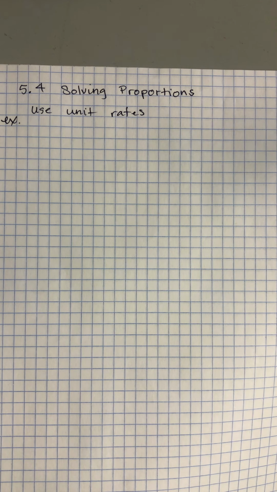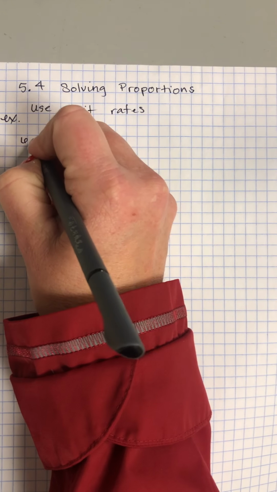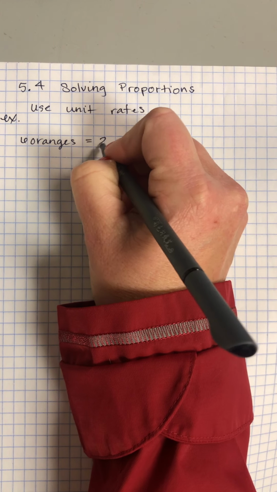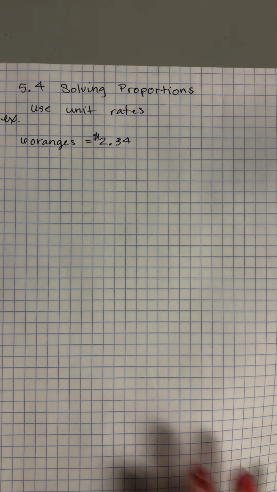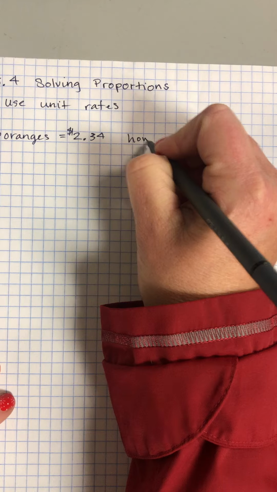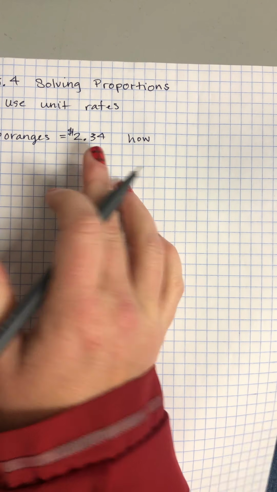So they say, six oranges cost $2.34. And then they're asking how much, so this is a fact, six oranges are $2.34.